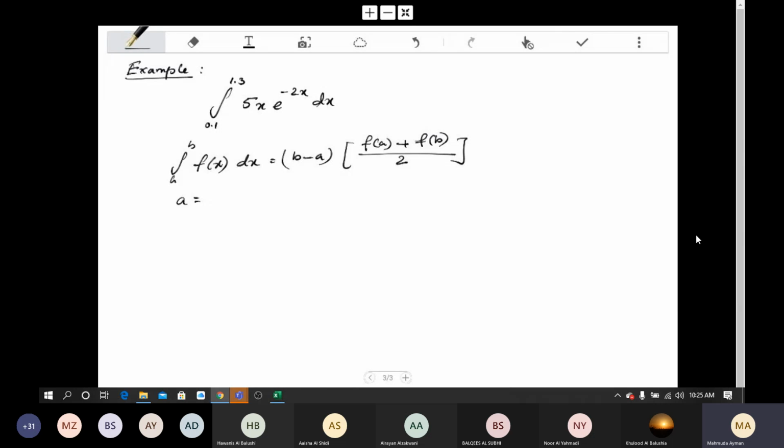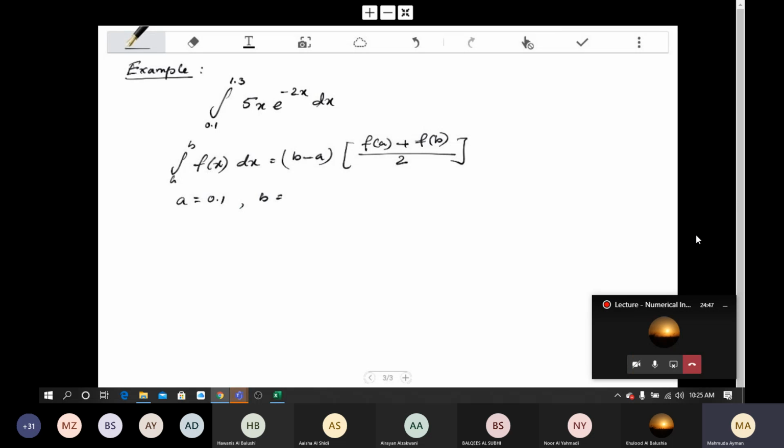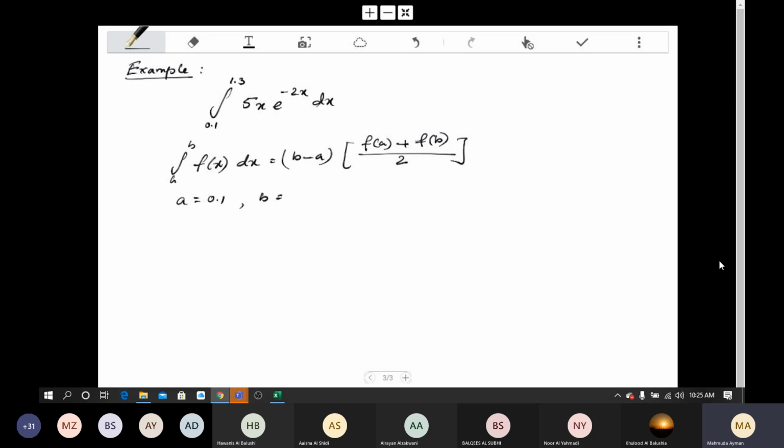So A is 0.1. What is the value for B? 1.3, right? Okay. So our function we know is 5x e to the power minus 2x. Correct. Thank you, Khulud, Balkis, and Zora for your answers.